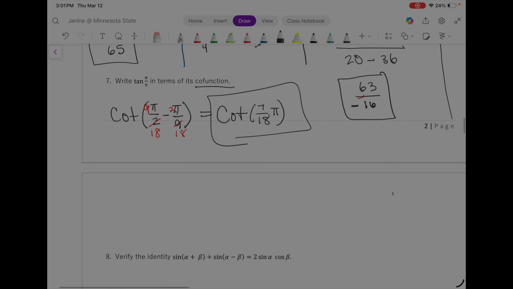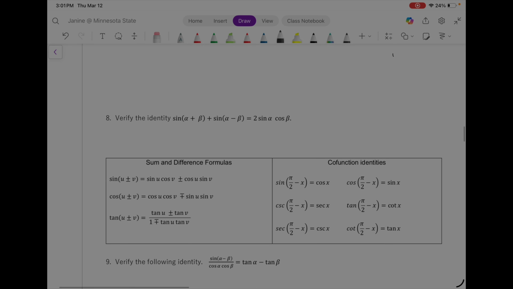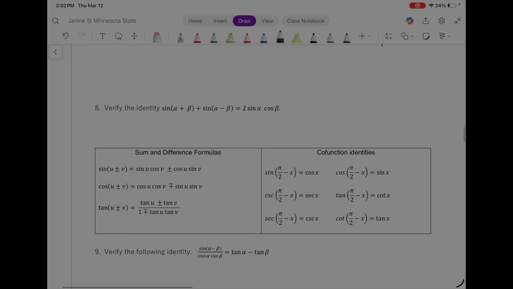All right, now they're asking us to verify an identity, which is basically just saying, prove that the left side and the right side are equal. I'm going to use my identities. We have them listed here again. Sine alpha plus beta. I didn't give us a lot of room. Hopefully that means there's not a lot of work.